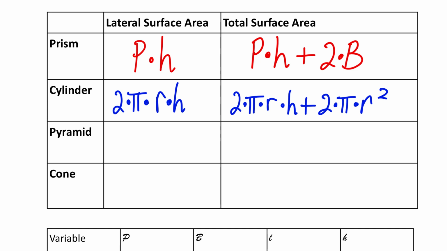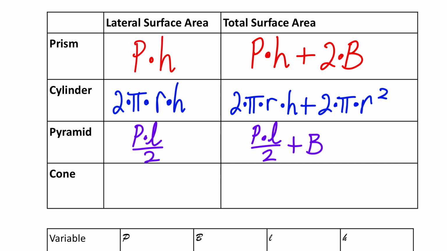All right, lateral of a pyramid: P times L divided by 2. And then total of a pyramid is the same thing as lateral, P times L divided by 2, but just adding in B, the area of the base, which is the difference, and we'll talk about that more in just a second.